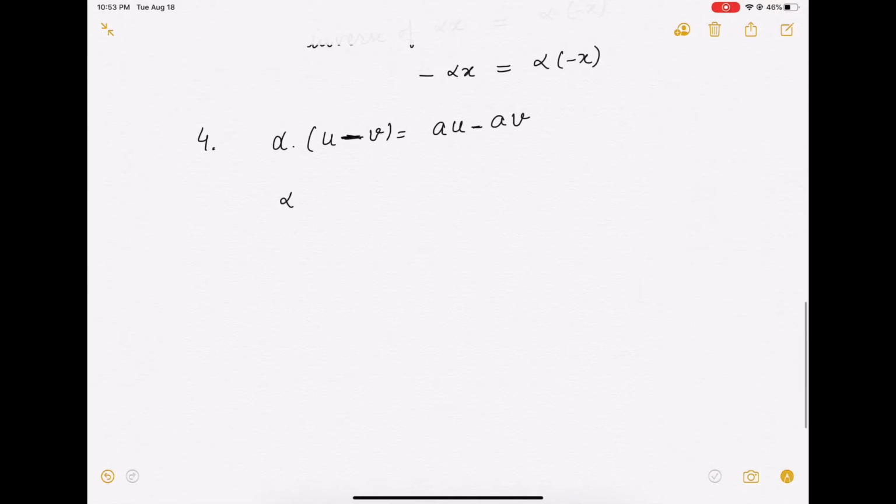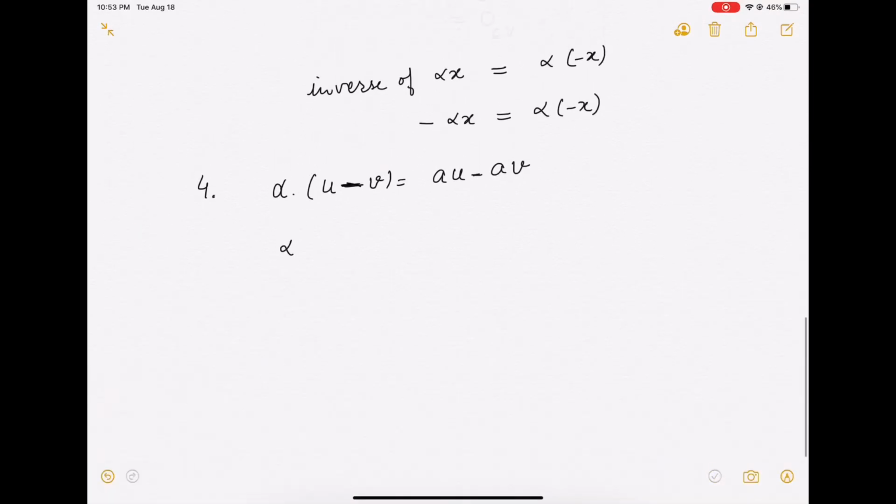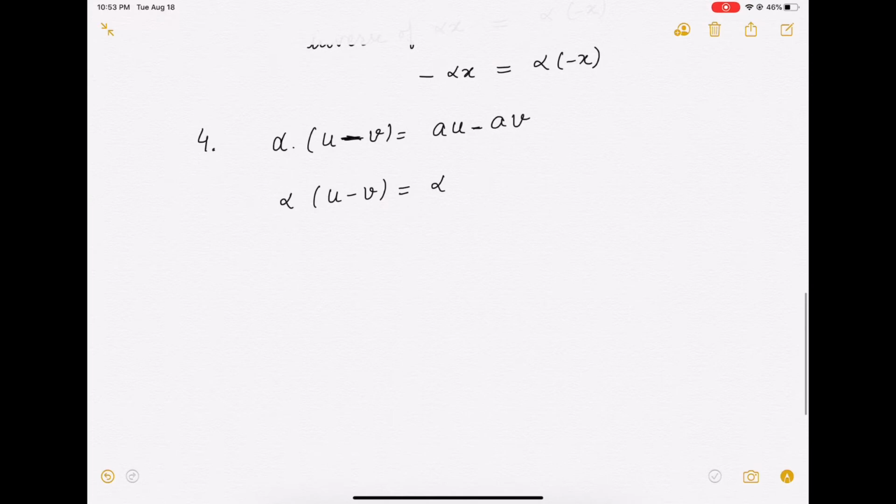So when alpha is operated on u minus v, it means alpha is operated on u plus minus v. Actually, what is minus of v? Minus of v is minus 1 into v here.